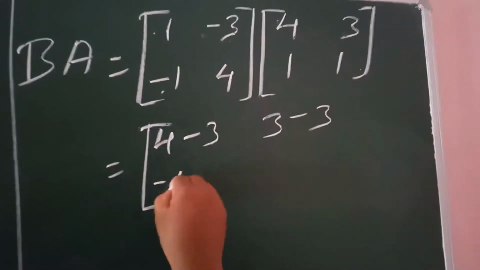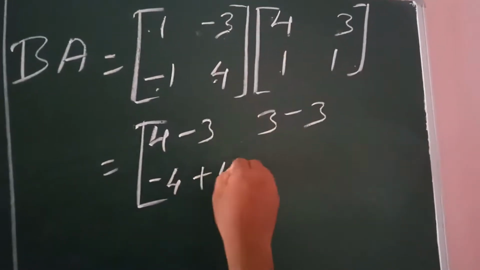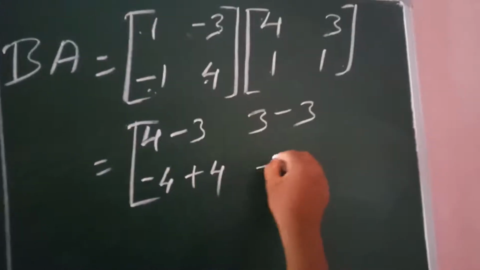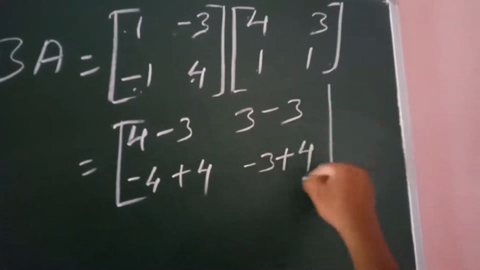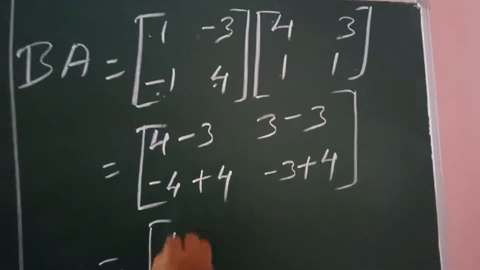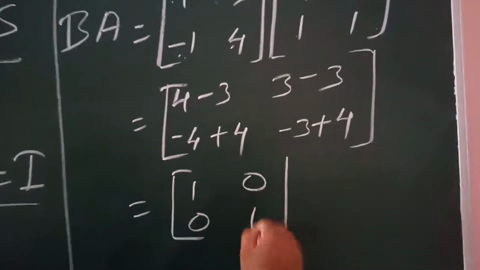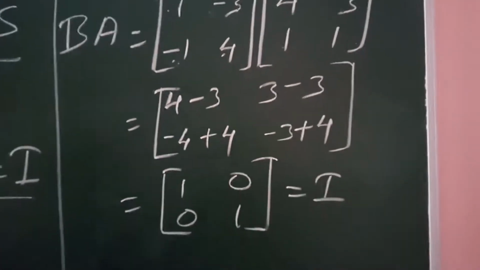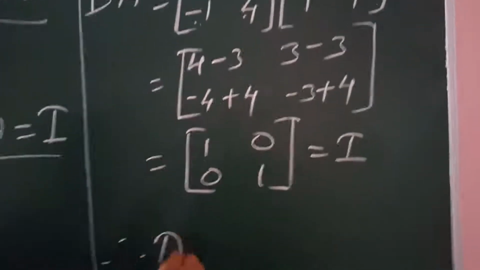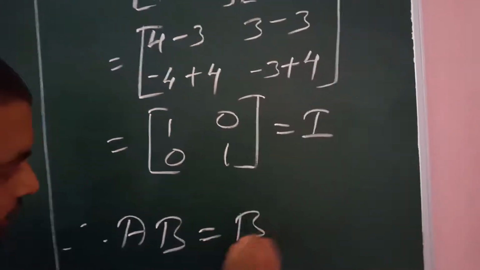Minus 4 plus 4 is 0, and minus 3 plus 4 is 1. So we got 1 0 0 1, and this is I. So what we got here is that AB is equal to BA is equal to I.